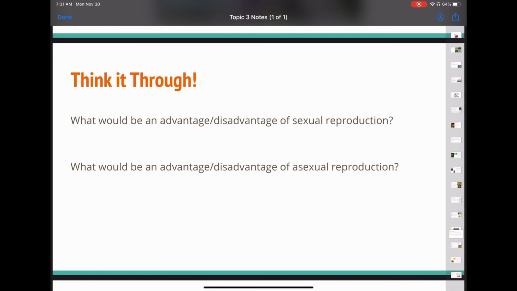A disadvantage of asexual reproduction is that you get an exact copy of the plant. If it's not a positive plant, you're going to lose out on the chance to gain new traits. And also, as we talked about before, if you have a whole area of things that are identical, there's a chance that you could lose them all at once, depending on what conditions arise.